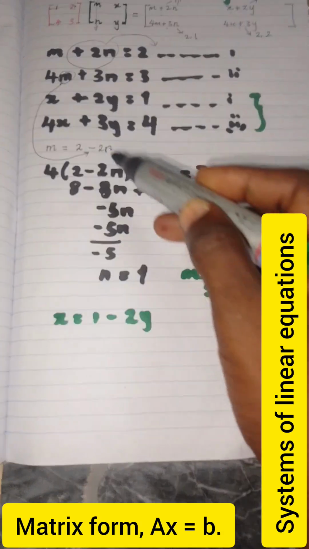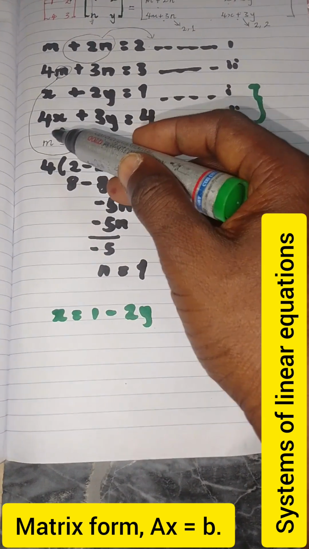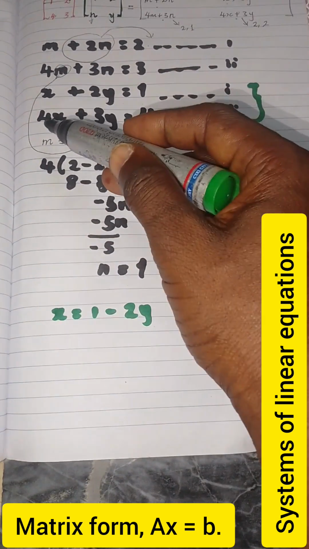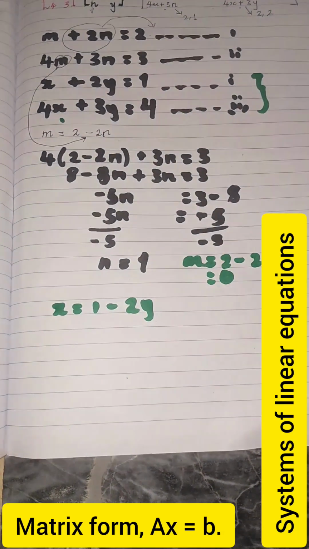So 4 times 1 minus 2y, plus 3y equals 4.